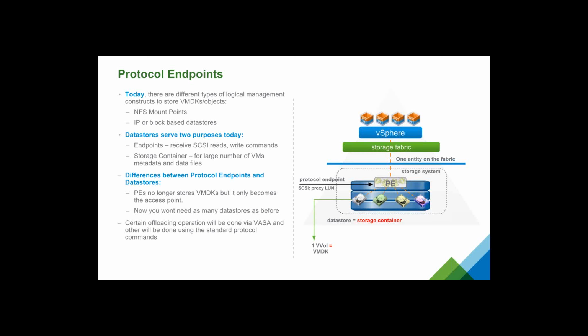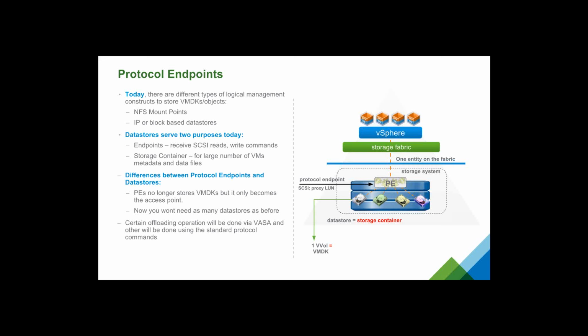So, pardon me. There's a couple different ways today of how you actually contact your storage. Either there's NFS mount points or IP targets that you would connect to for fiber channel or SCSI. And today, a data store actually represents a couple different things.